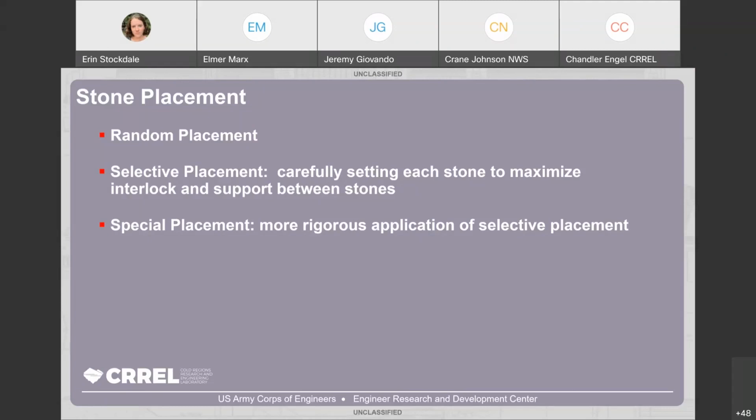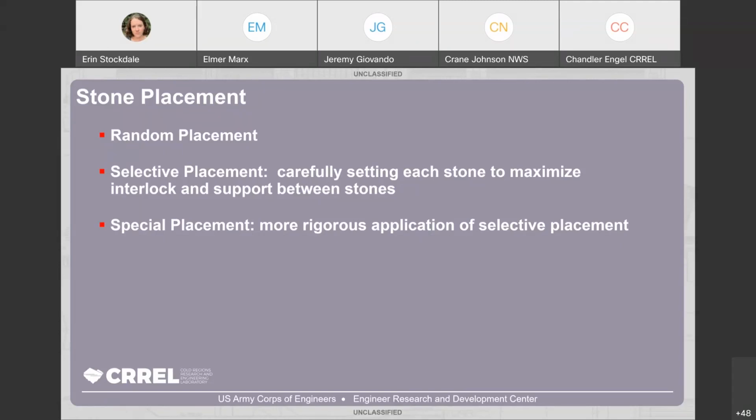So the random is just as it sounds. Essentially, you're taking the riprap out there and just putting it along the shoreline. However it falls, it falls. Selective placement, you're actually interlocking the stones, and while the stones themselves are likely random shapes, you're going to lock them in as best you can.